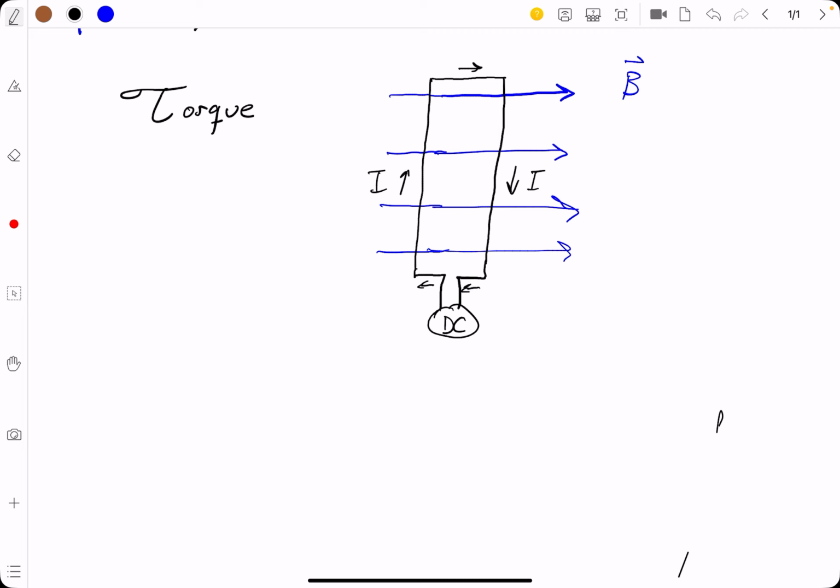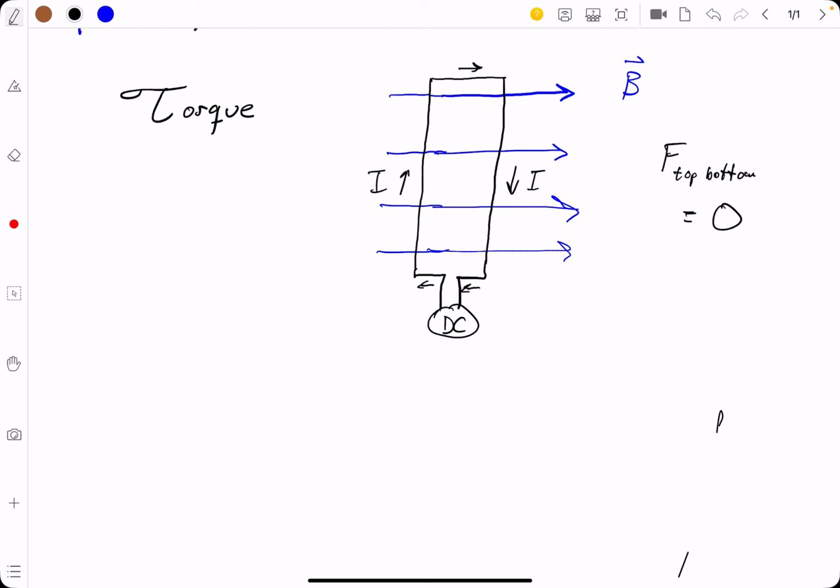Okay, so we already know that our force at the top and bottom, so I'm going to write top, bottom, that force is equal to IL cross B, but if I and B are in the same direction, that's going to end up being 0. So our contributions from the top and the bottom are 0.